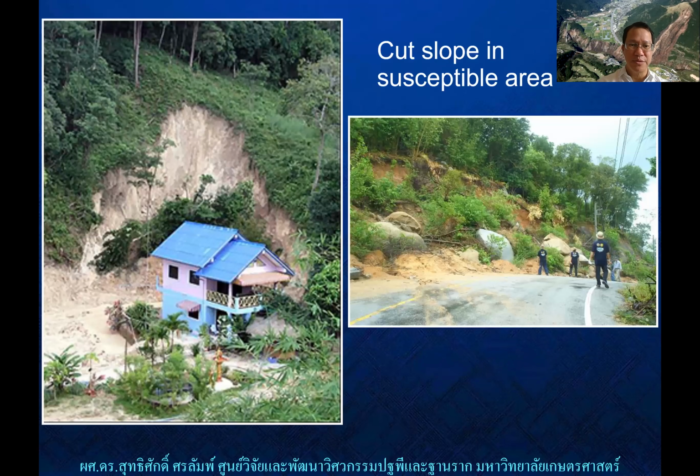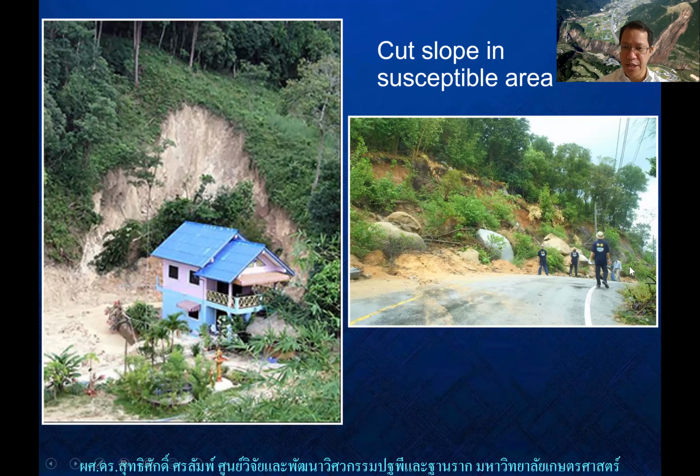This is an example. Like this house built behind the house here is a hill, a small hill, but the owner cut the toe of the slope. During the cutting, there is no failure, because the soil is still dry. But during the heavy rainfall, this unstable slope slid down.